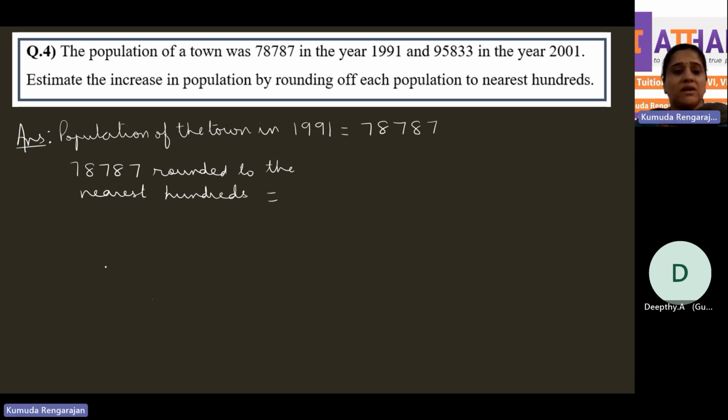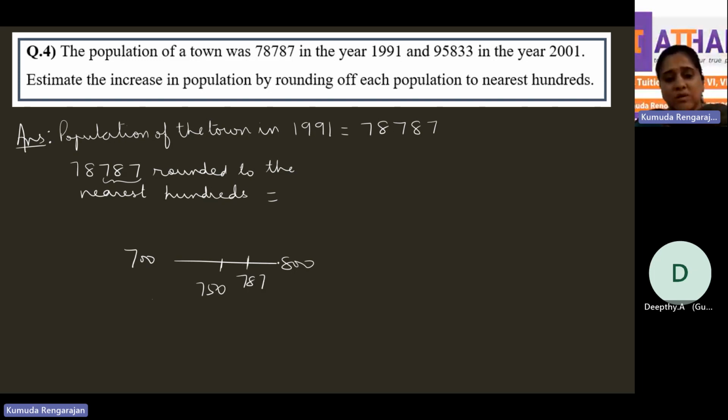It makes you think. Now you're asking yourself, Tanya, see here, I'll tell you again. Why am I taking only 787? Because we have to round it to the nearest hundreds. That's the first step. Now this is between 700 and 800. What comes in the middle? 750, correct? Now where is 787?